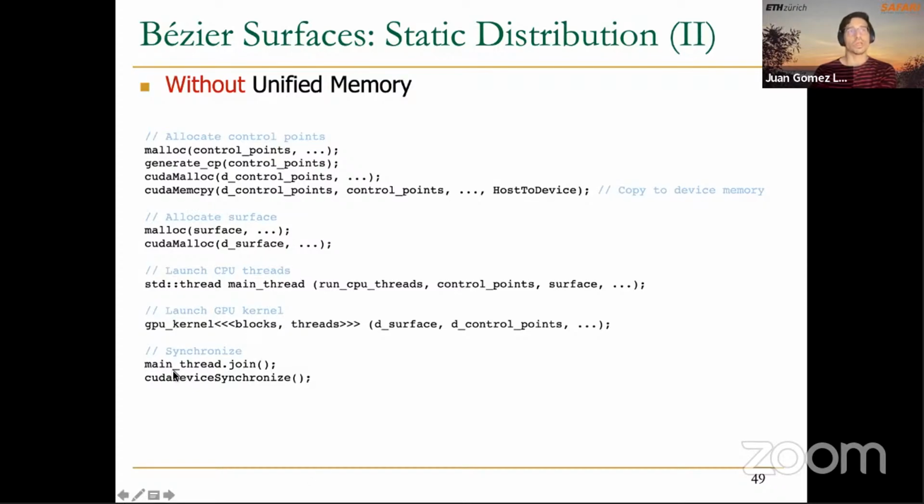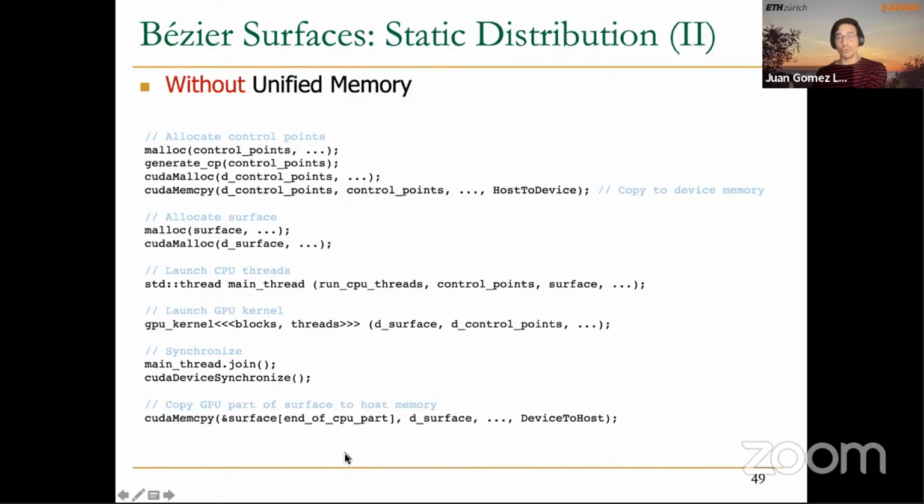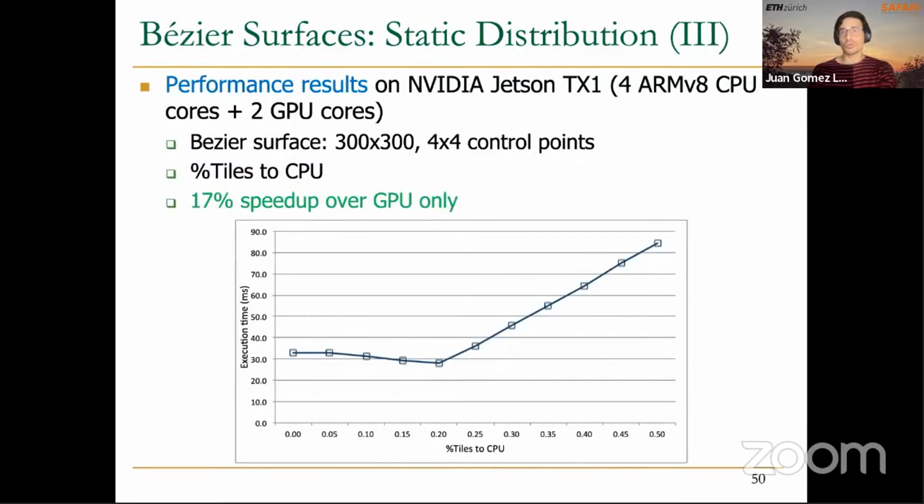At some point, we will have to synchronize and then return the corresponding part of the surface computed by the GPU to the CPU memory. And with this approach, we can for sure achieve some performance improvement in some platforms, like for example, the NVIDIA Jetson. You can see here up to 17% speed up when assigning 20% of the tiles to the CPU.